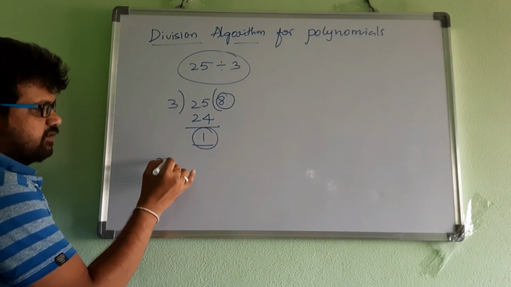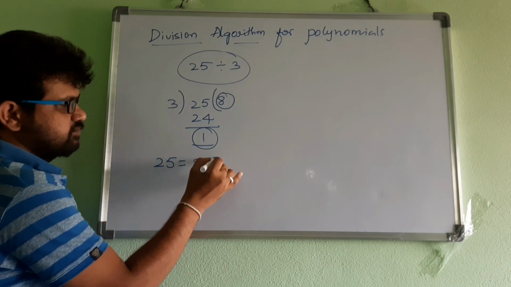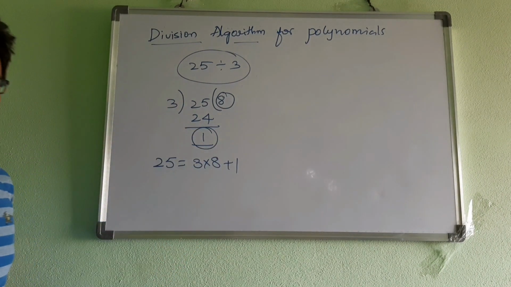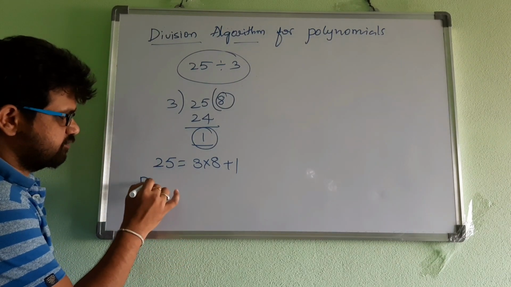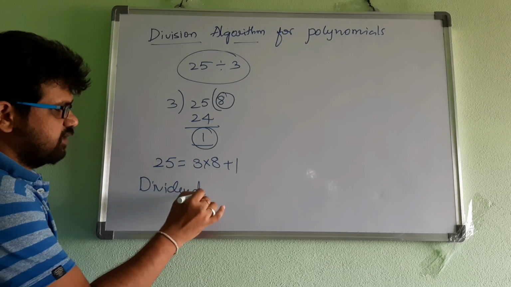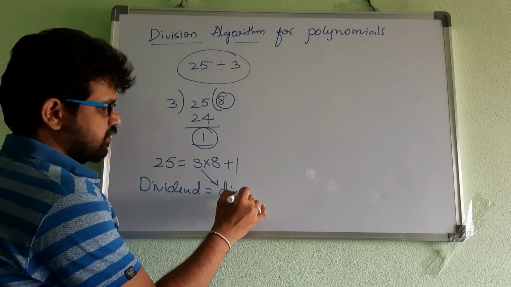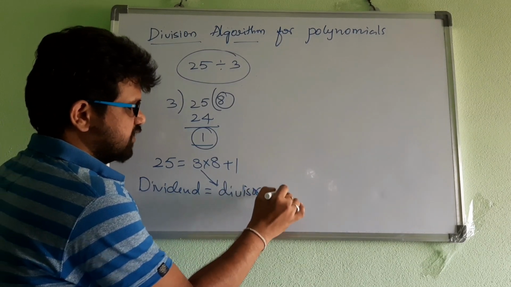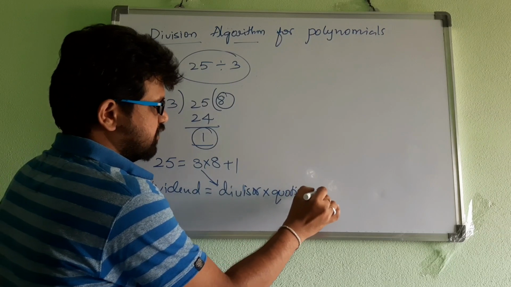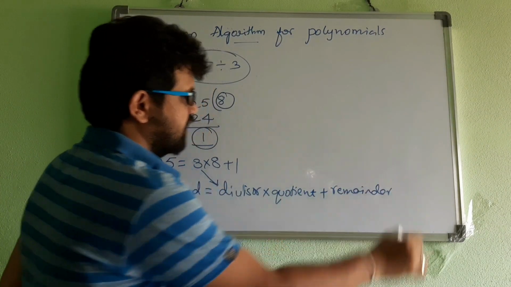So dividend 25 is equal to 3 into 8 plus 1. Dividend is equal to divisor into quotient plus remainder.